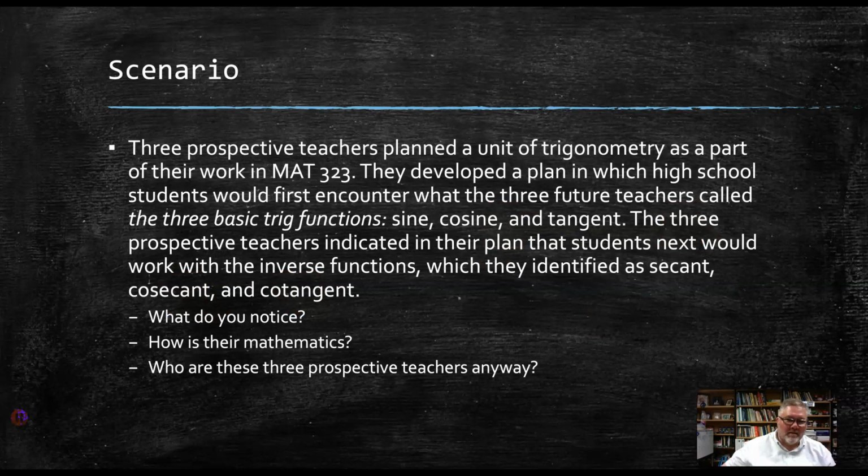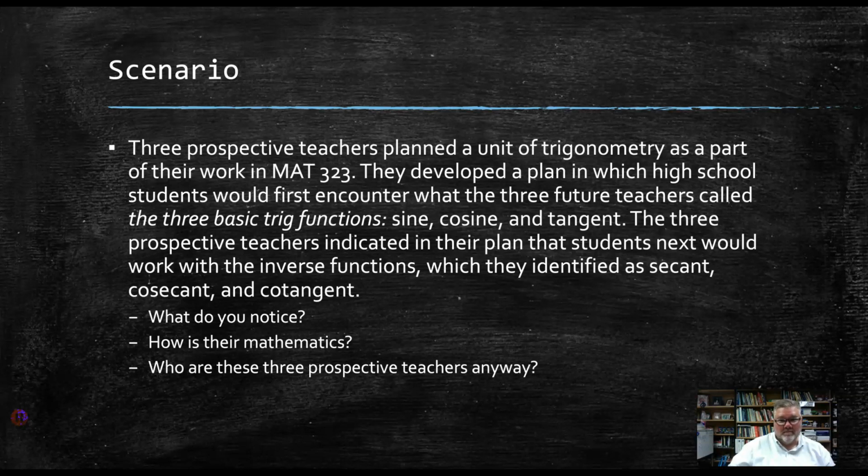All right, here's a scenario. We've got 3 prospective teachers, and they were planning a unit of trig as a part of their work in Math 323. And they developed a plan in which high school students would first encounter what the 3 future teachers called the 3 basic trig functions, which are sine, cosine, and tangent.